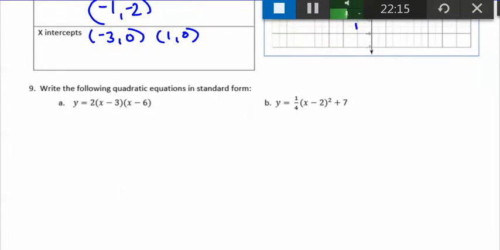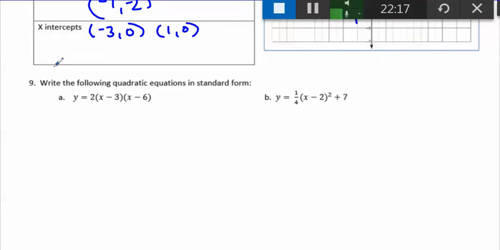So in 9, to write the equations in standard form, you basically need to multiply them. So I would start by multiplying binomial times binomial, this one times this one, and then at the end distribute the 2. So I have y equals 2, and I have x times x, which is x squared, x times -6, -3 times x, -3 times -6.